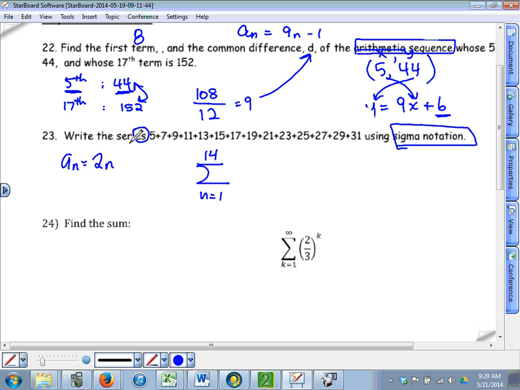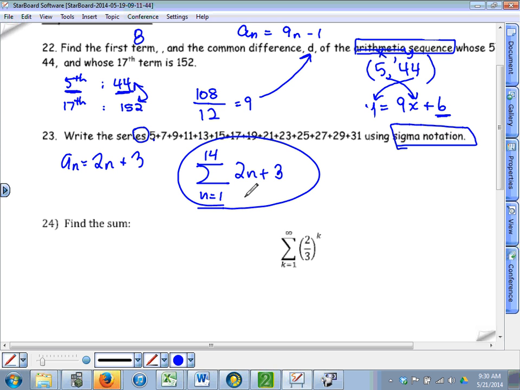What would come before the 5? So that would be 2n plus 3. So that's the formula. Where'd the 2 come from? That's the common difference every time. Where'd the 3 come from? It's the number in front of, it's like the 0 term. Because this is the first term, right? The zero term would be like a y-intercept of a linear function. So that's all they were asking you to do on this problem, is to represent it using sigma notation.